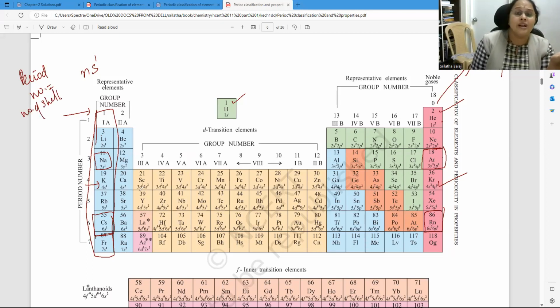Are you getting it? See, what is a valence shell? An element is having an electronic configuration argon 3d1, 4s2. Which is the valence shell here? How do you find out the valence shell, students?